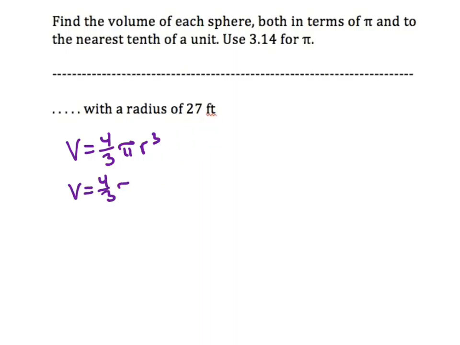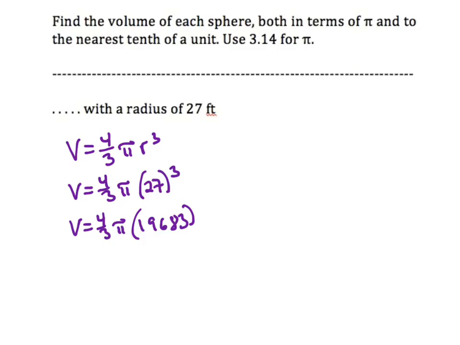Volume equals 4/3 pi 27 cubed. Multiply that 4 times 27 and then divide it by 3. Oh, sorry. We need to figure out what 27 cubed is first. Volume equals 4/3 pi times 19,683. Ooh, that number got big fast.